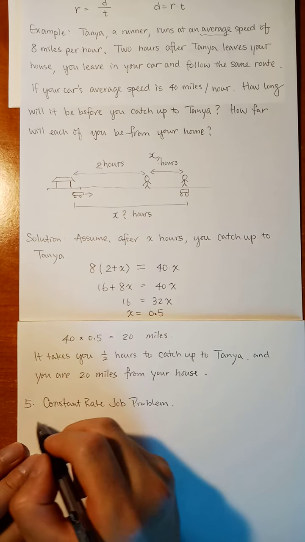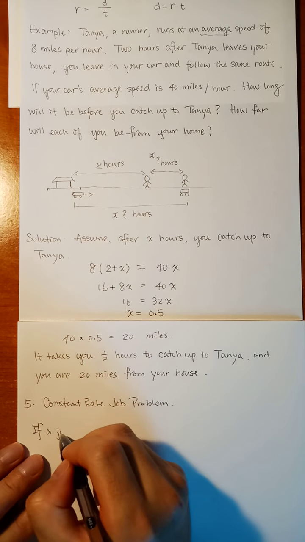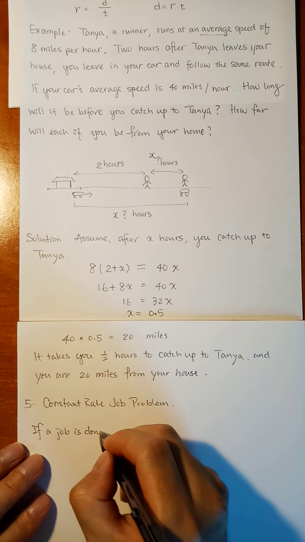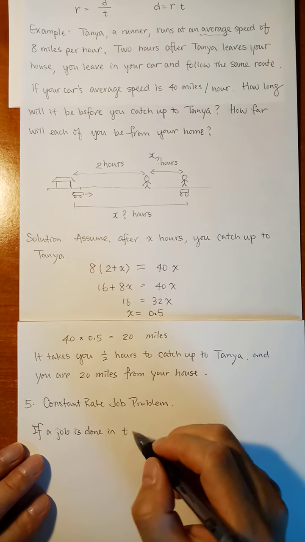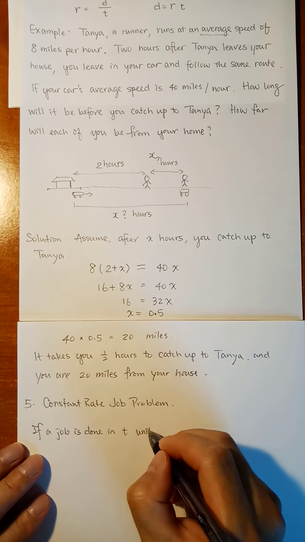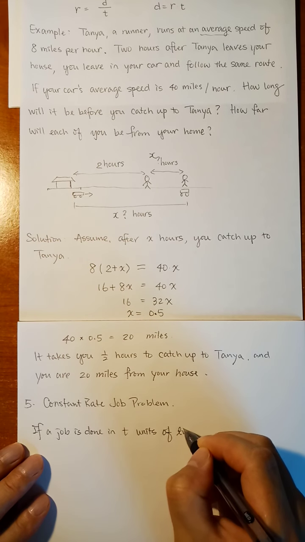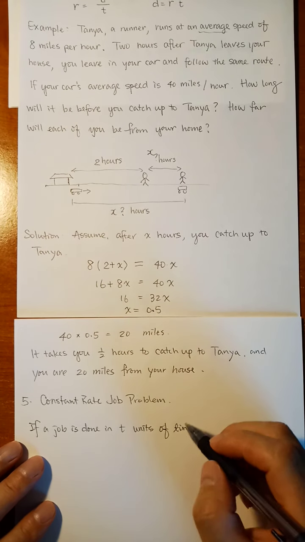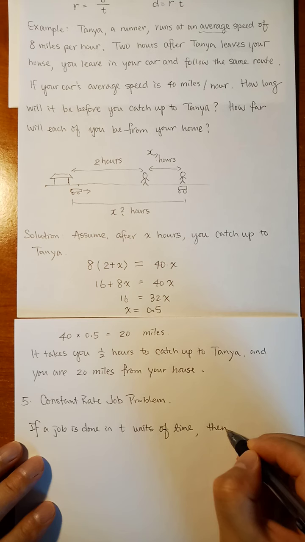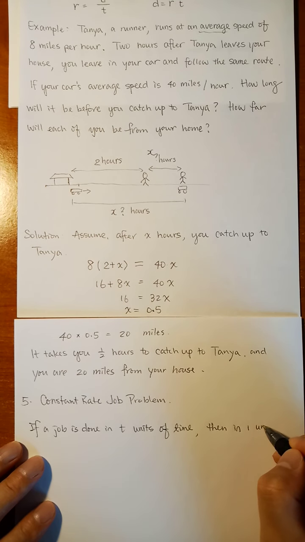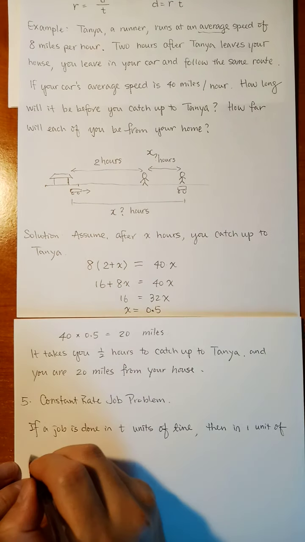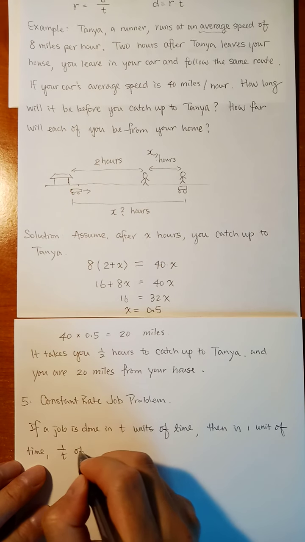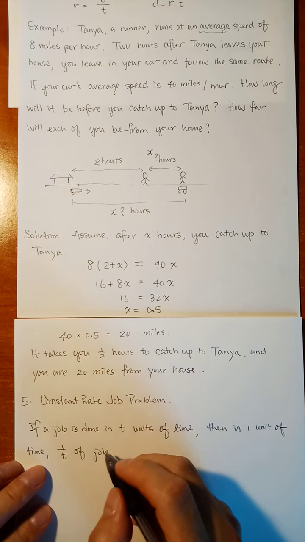It says if a job is done in t units of time, then in 1 unit of time, 1 over t of a job is done.